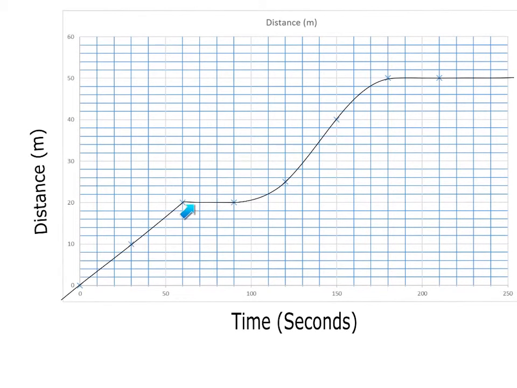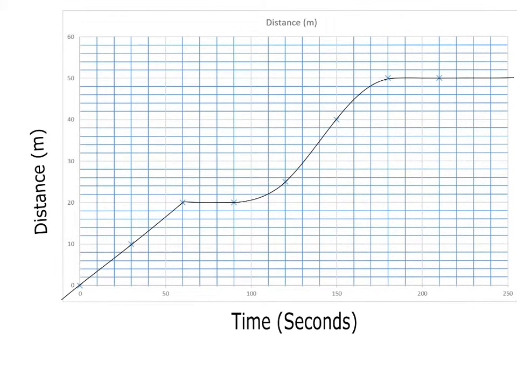And then for another 30 seconds it's not actually going anywhere, because the distance stays the same at 20 meters, so it's not changing. And then you can see it's accelerating because the gradient is increasing. The gradient is lower here and then it's increasing, and then it's going at a steady speed in this section here.